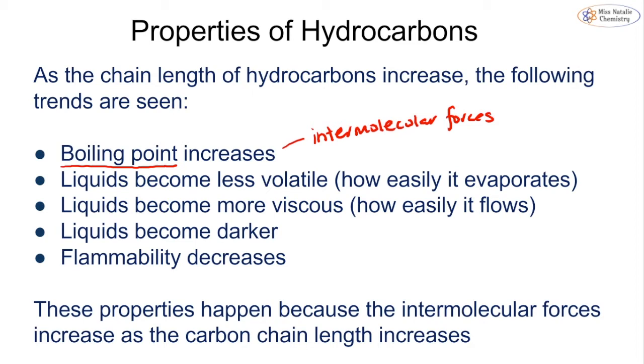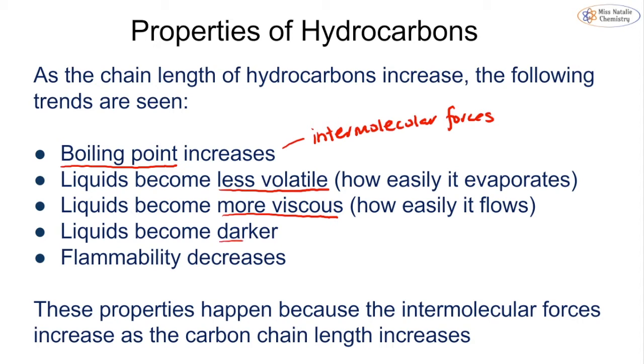We also see that the liquids become less volatile, meaning they don't evaporate easily, and to the point where eventually they become solids which can't evaporate. Then we also have the liquids becoming more viscous. So this is about how easily they flow. So if you were to compare, for example, water and honey, water is not particularly viscous because it flows quite easily, whereas honey has a higher viscosity because it doesn't flow or pour as easily as something like water.